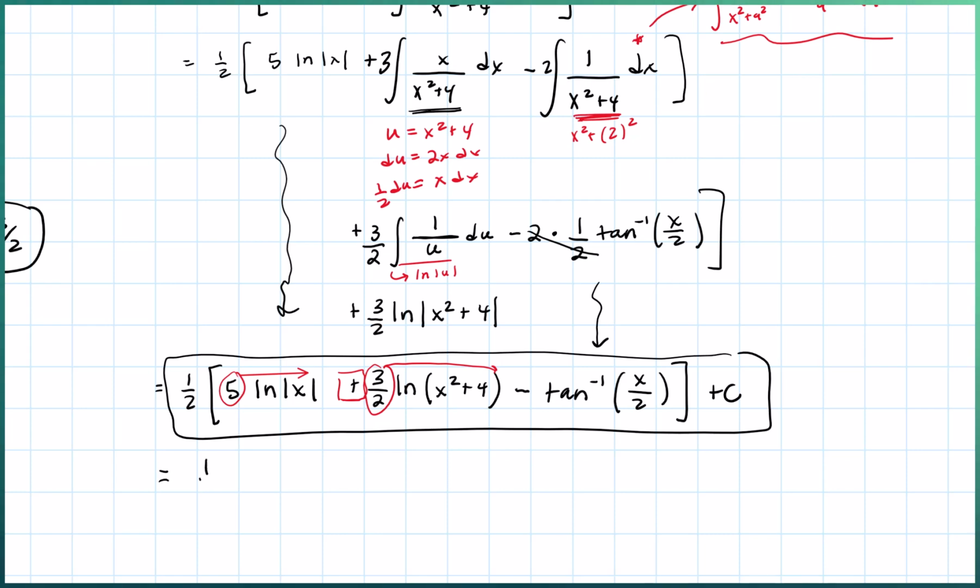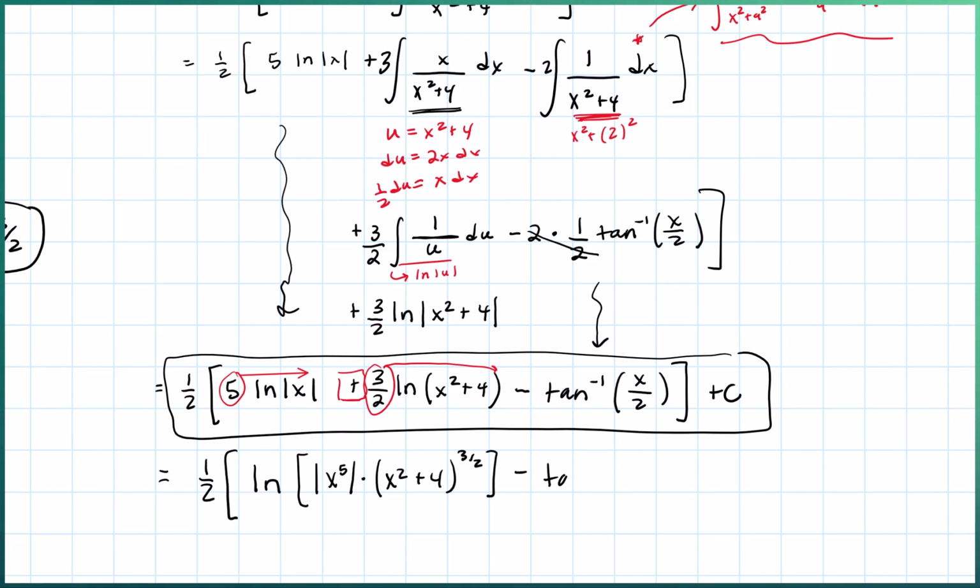So if we really wanted to get algebraically creative here, it's not really creative, just applying our algebra rules, we could write this as the natural log of the absolute value of x to the 5th times x squared plus 4 to the 3/2, bringing our logs together using our rules of logs on powers and products.